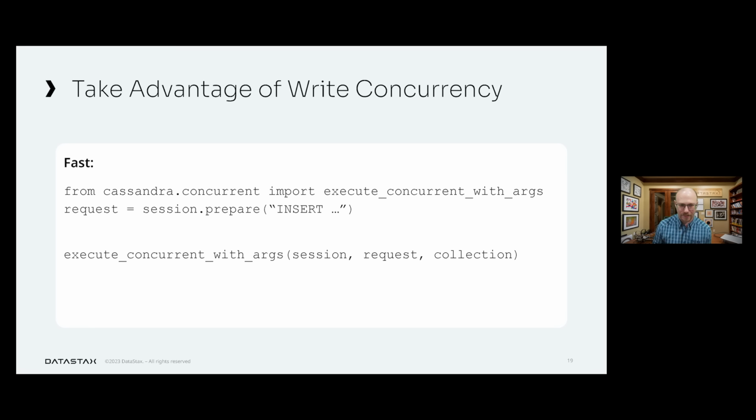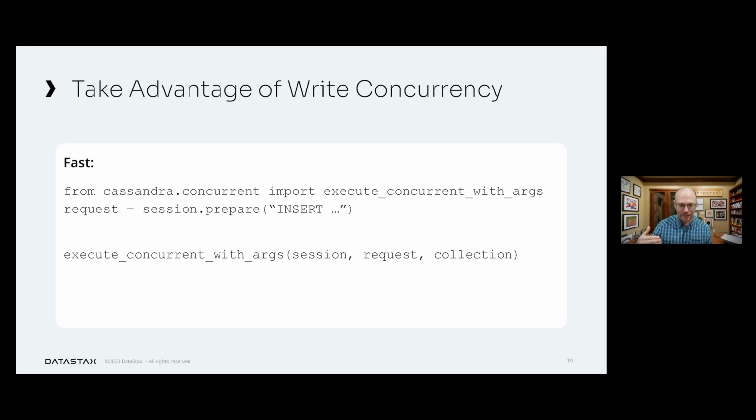And what that means is I want to execute a single statement against all the arguments that I give it in that function call. So I'm calling that with my session object, with my prepared request, and then I just give it my collection of tuples of data to apply to the bind variables in my statement. And now the driver can go and do that.